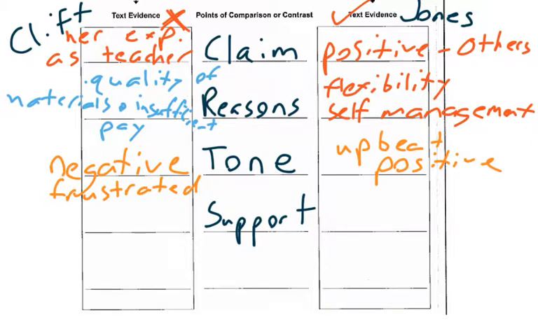And then another thing that we could compare is the type of support or the type of evidence. So, for instance, Jones uses some facts. Jones has a fact in here: 32% of college students take at least one online class. They interviewed this student named Rebecca. So this one uses interviews and facts or statistics.